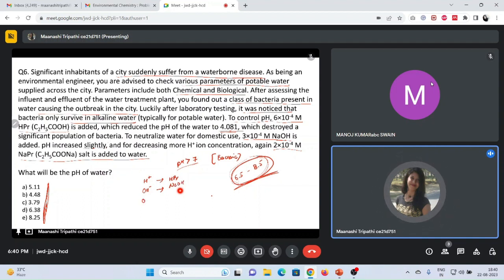Then they further tried to add some base in the form of NaPr. So what is the final pH of water? This is a 3-step question. It can also be solved easily in Visual MINTEQ once you find all the species and the components present. Take 2 minutes and write down the equation. Then we will try to solve this question further.